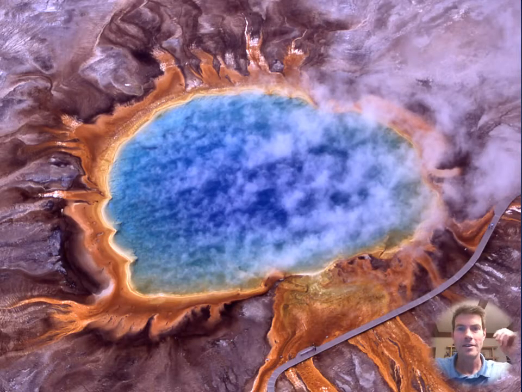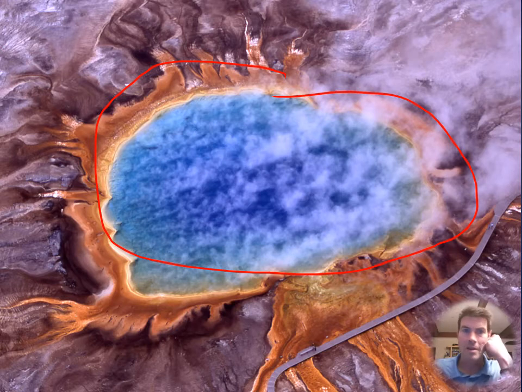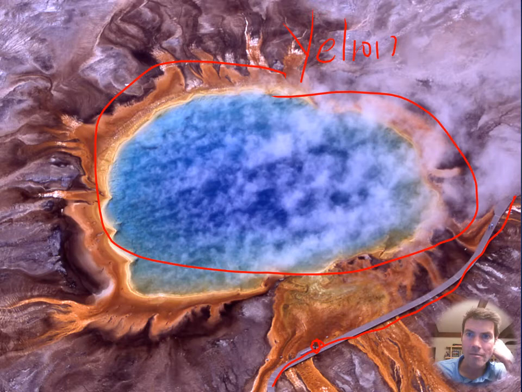But not yet. So if you look carefully here, this almost looks like something an artist came up with. But if you look carefully, you see a person, a little walkway, and maybe you recognize this as Yellowstone, with all these geysers.